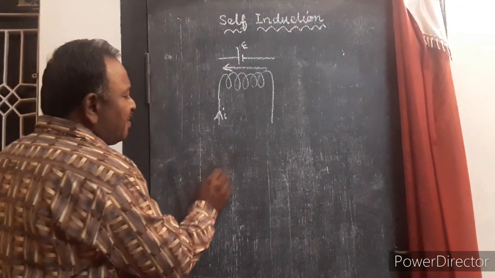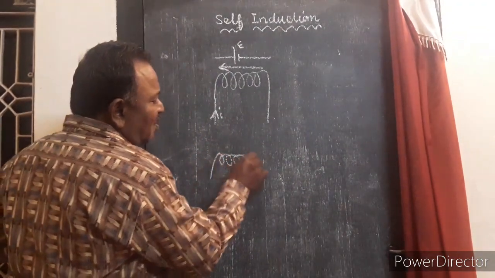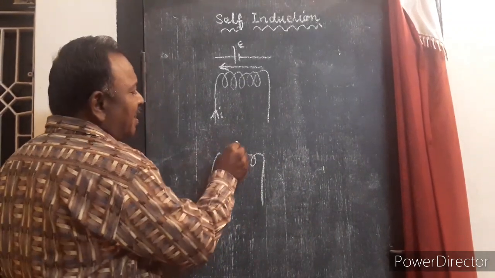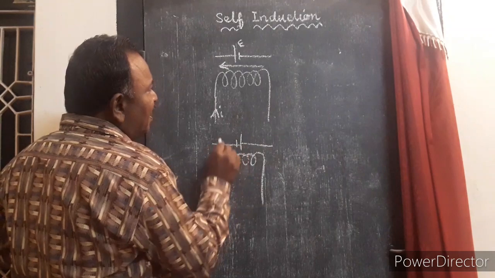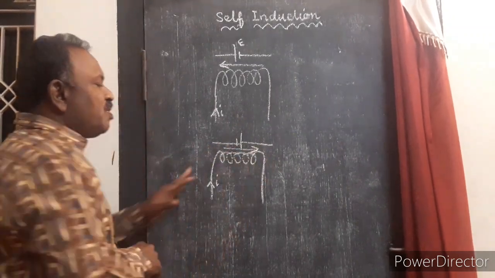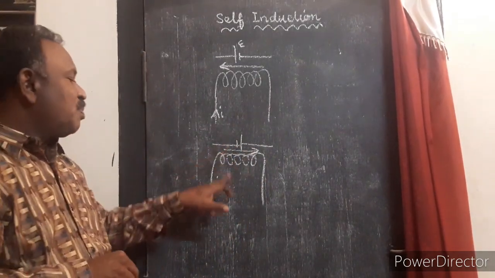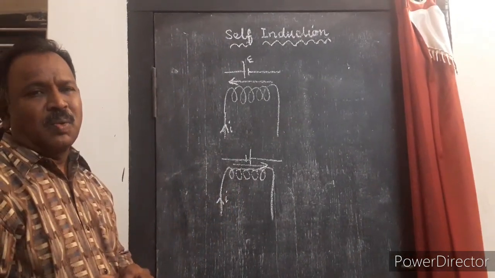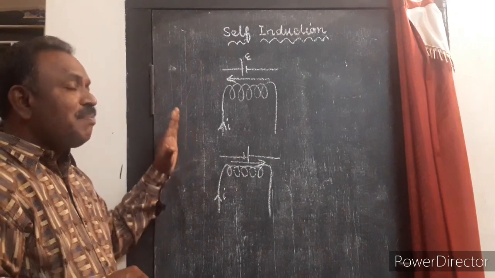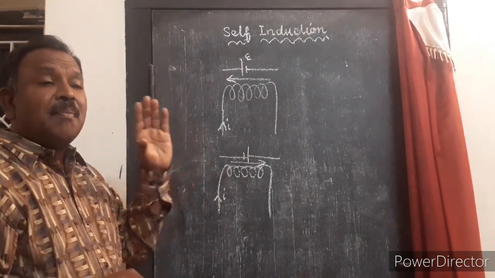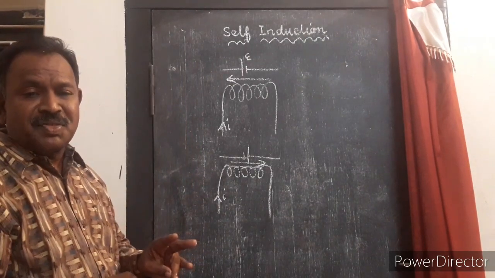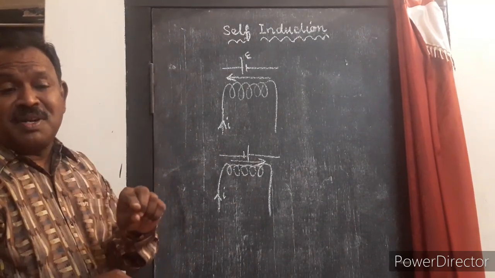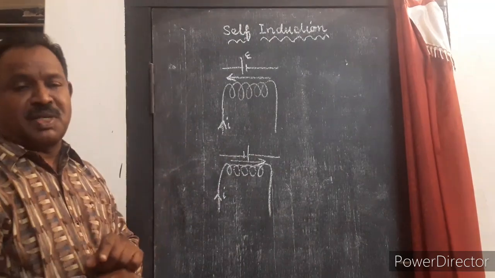And similarly, when the circuit is broken, what will happen? The current will decrease. At that time, the induced EMF produces an opposing EMF that opposes the decrease in the current in the coil. So inductance plays the same role as mass and moment of inertia, which oppose the change in translatory motion and rotational motion.